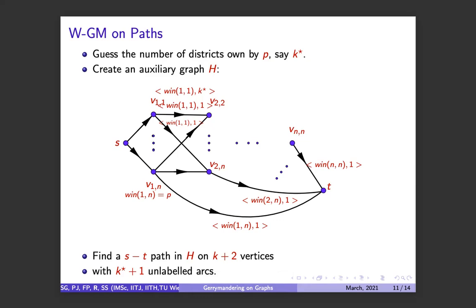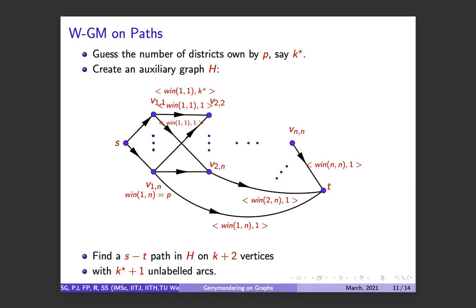Why do I want the labels to be distinct, and what is the purpose of the multiple arcs with different labels? Since I have guessed that P is going to win in k star mini districts, every other candidate can win in at most k star minus 1 mini districts.